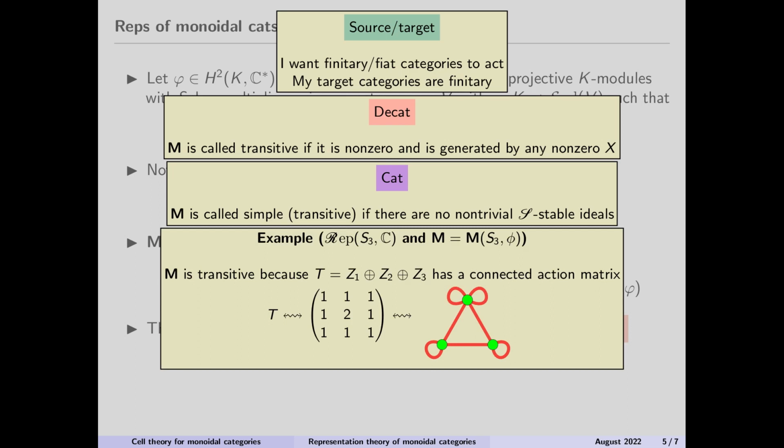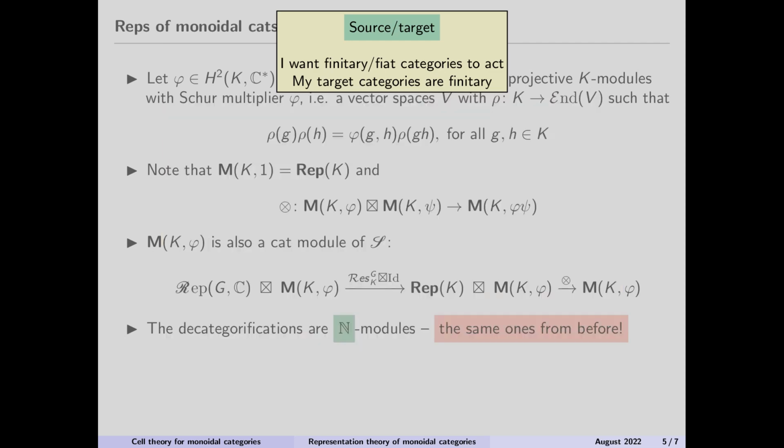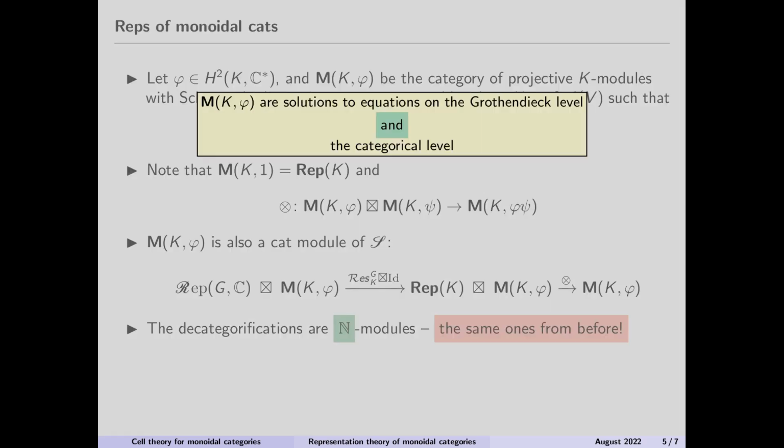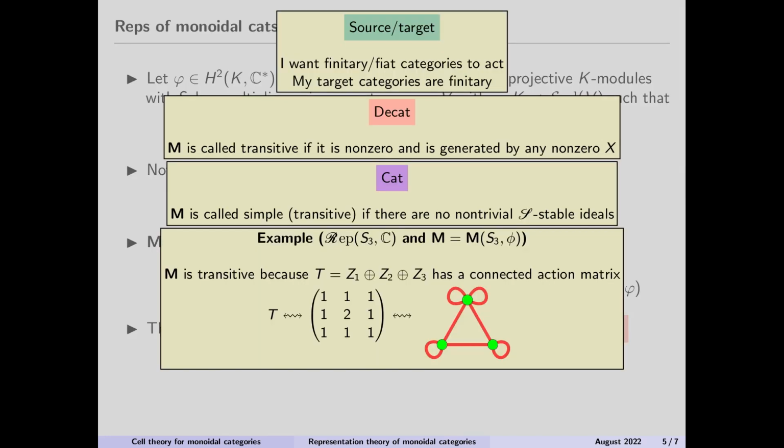It's categorical, and they're called simple representations. If I take the same example from before, I can easily see that it's transitive by taking the direct sum of all objects and writing down this matrix. It's just the sum of all of them, and that matrix should correspond to a connected graph by reading it as an adjacency matrix.